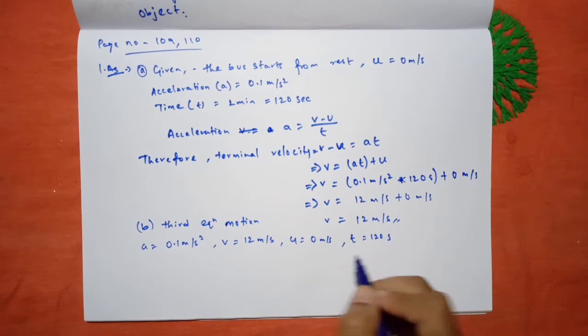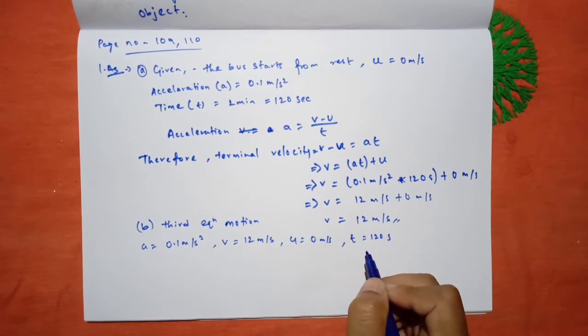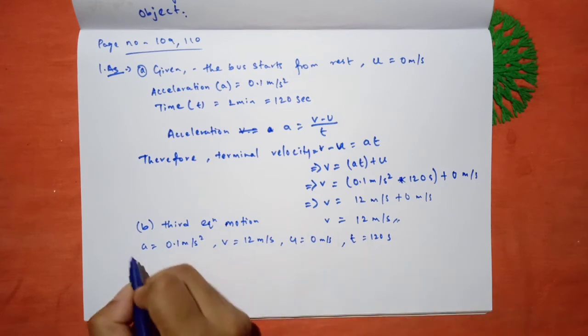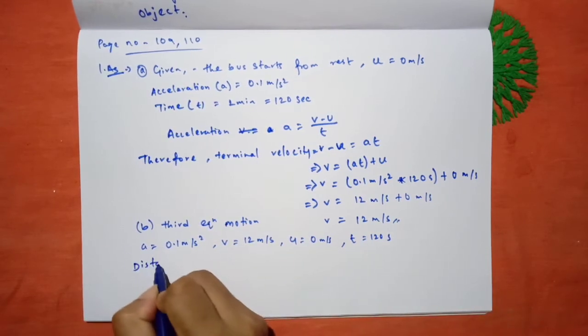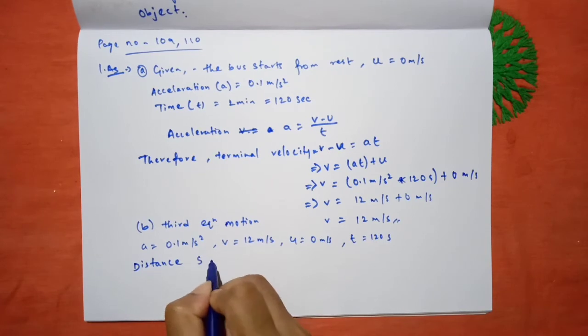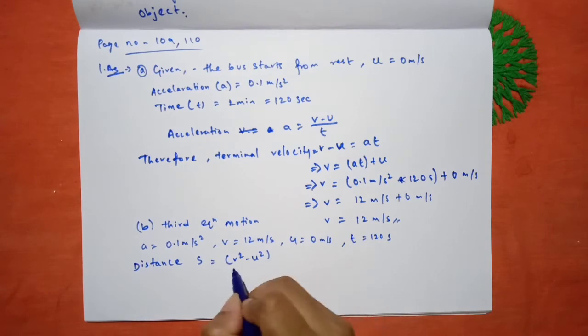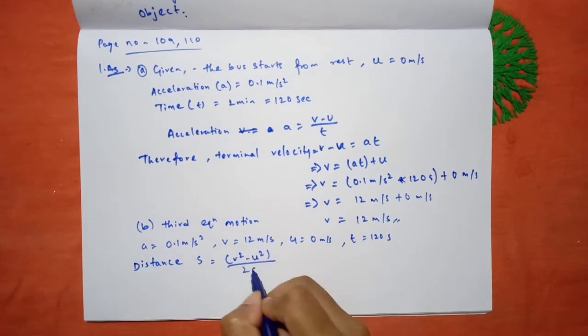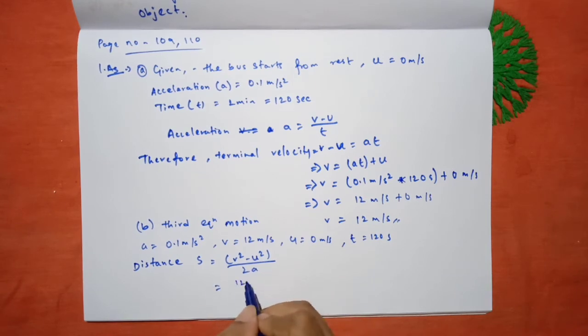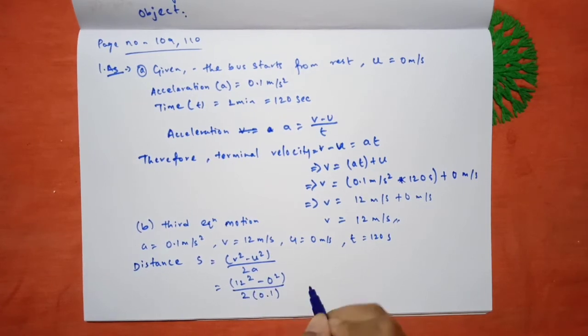So the value for distance can be obtained as follows. The formula for distance s is equal to v square minus u square divided by 2a. v square is 12 square, minus u square, which is 0 square, divided by 2a, which will be 2 into 0.1.